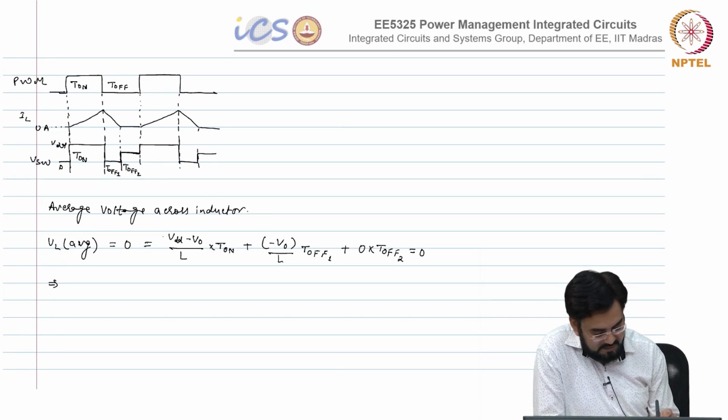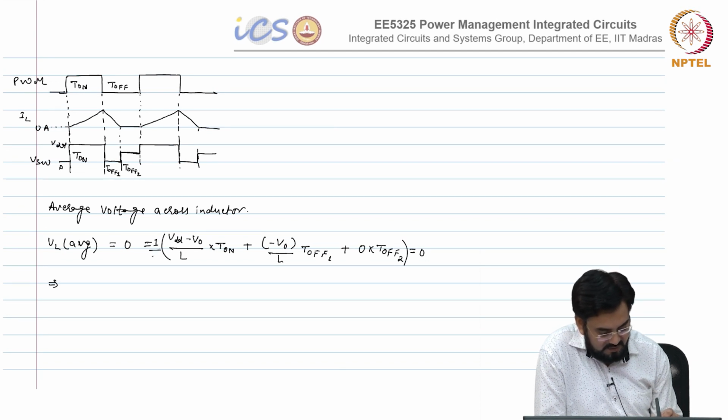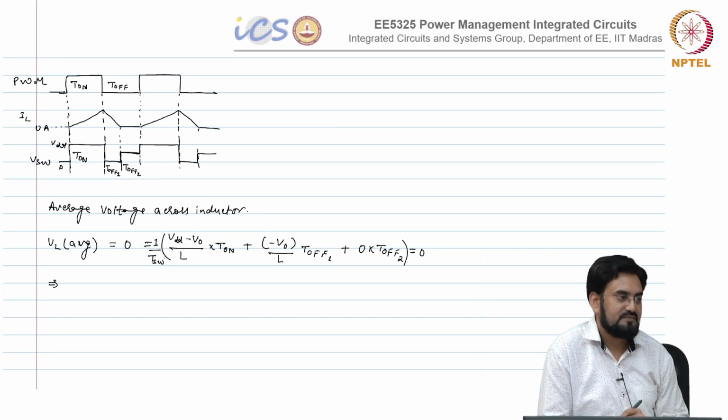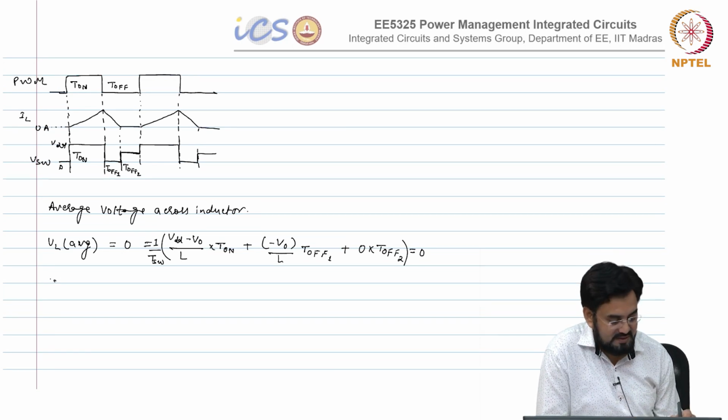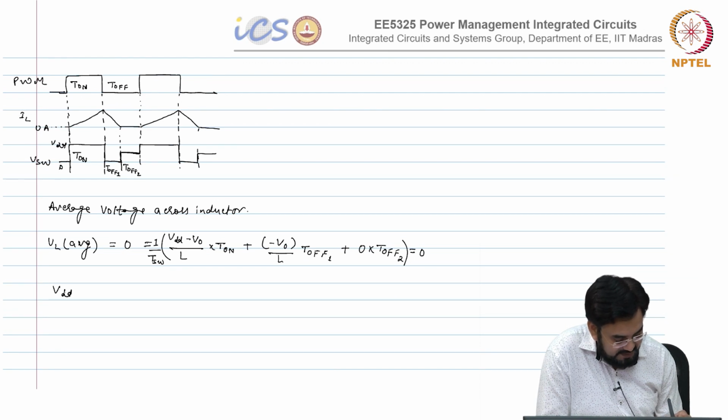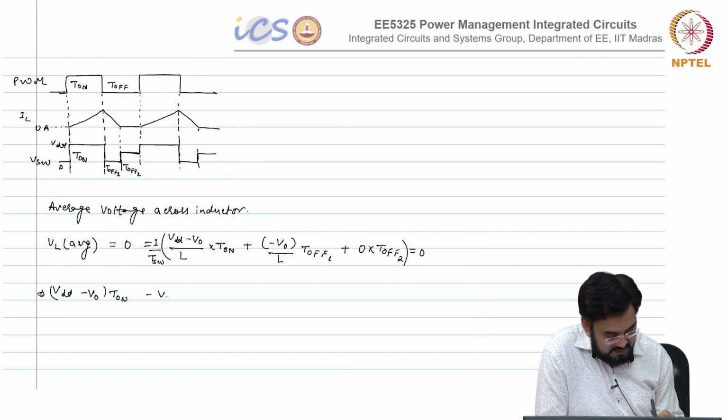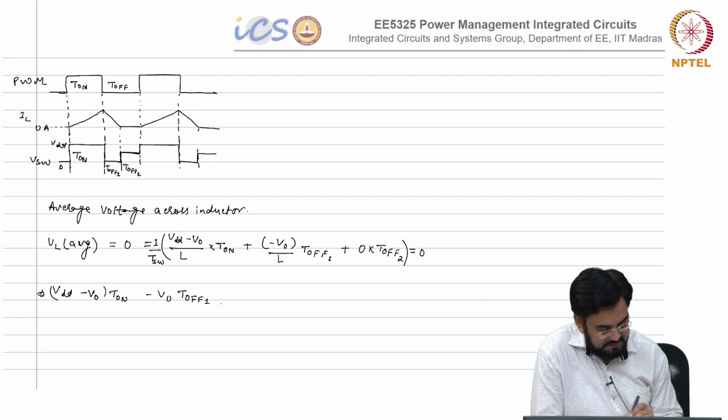And divide by one over T SW. That is your average voltage. So L and T SW will go away. That is common to both the voltages during T on and T off 1. So leftover will be VDD minus V out into T on minus V out T off 1.